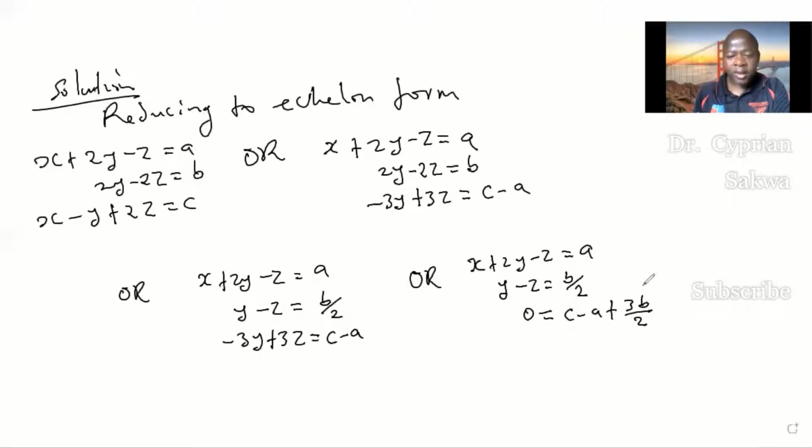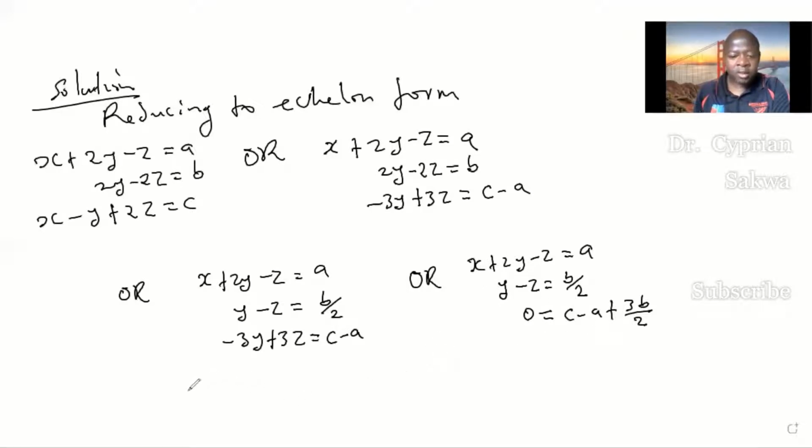But if the right hand side is something different from 0, non-zero, so that we have 0 equals a non-zero element, then this system would have no solution. It would be inconsistent. So we want the system to be consistent. That means the right side must also be 0.